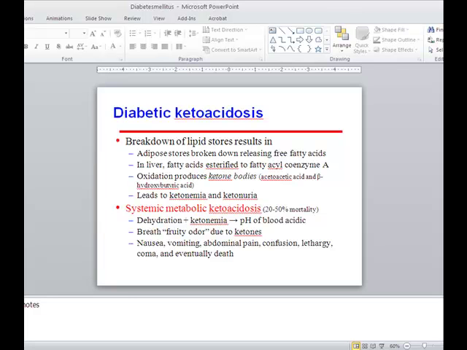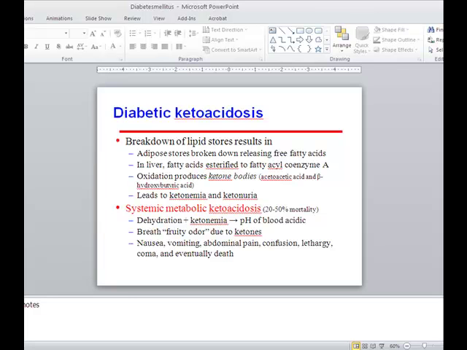Essentially, it's contributing to the blood becoming more acidic. Okay? Remember, the worst combination is dehydration and ketonemia. So ketonemia or ketonuria simply refers to the fact that the ketone body levels increase in the blood.